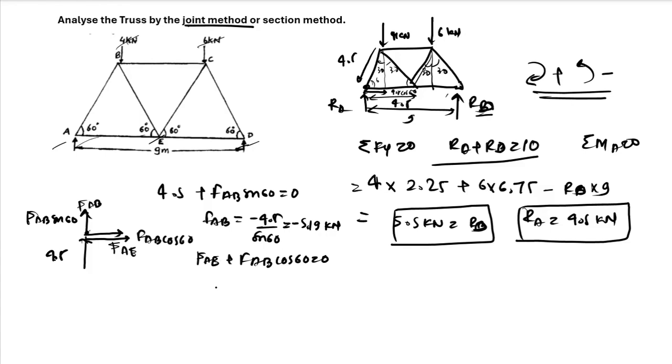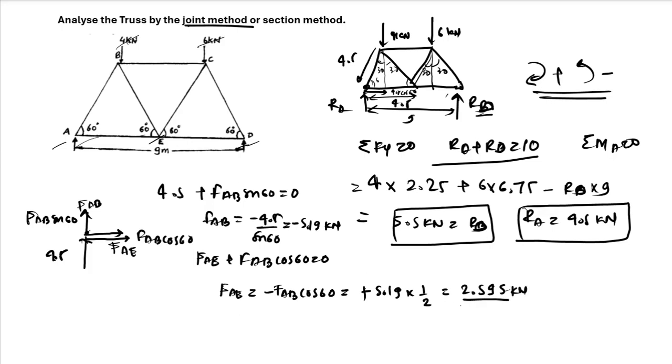And the value of FAE can be calculated from the second equation, as FAE is minus FAB cos 60. FAB value is minus 5.19, into cos 60 which is 1 by 2. So it becomes 2.595. The value of FAB is minus 5.19, so minus becomes plus. So it is positive 2.595.